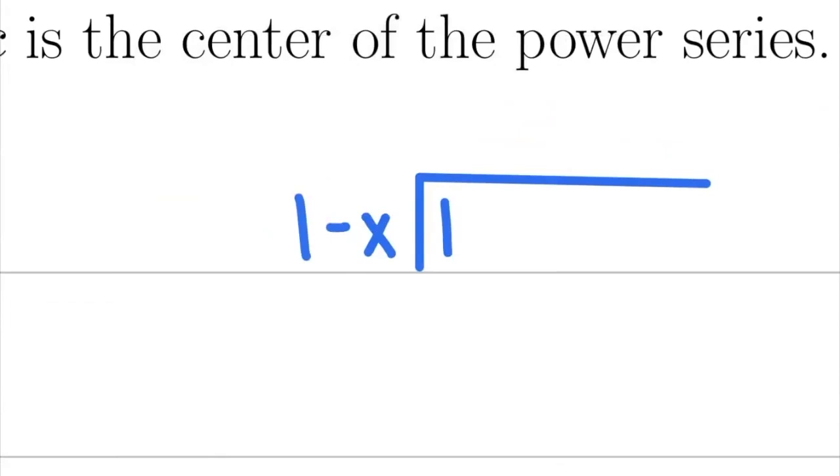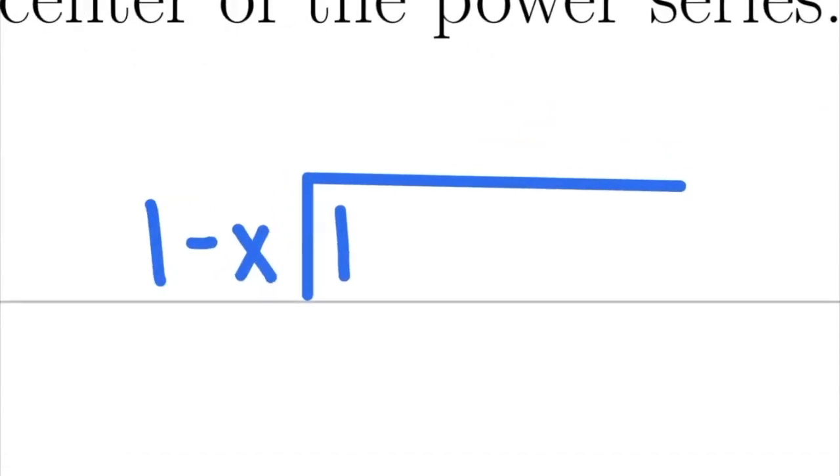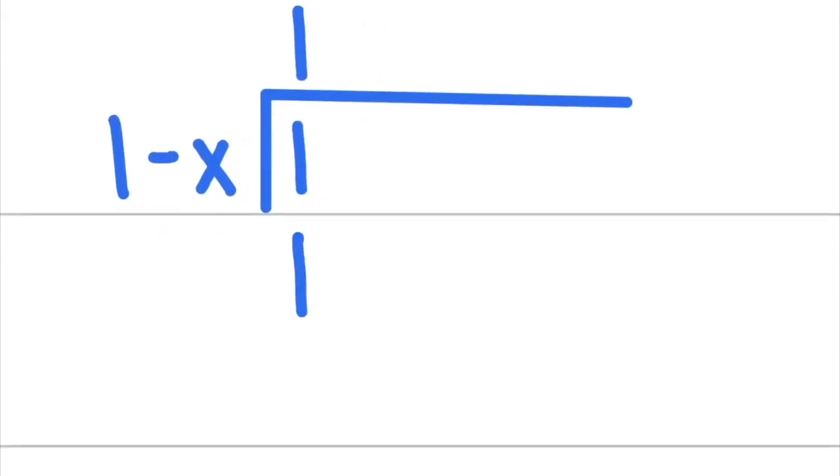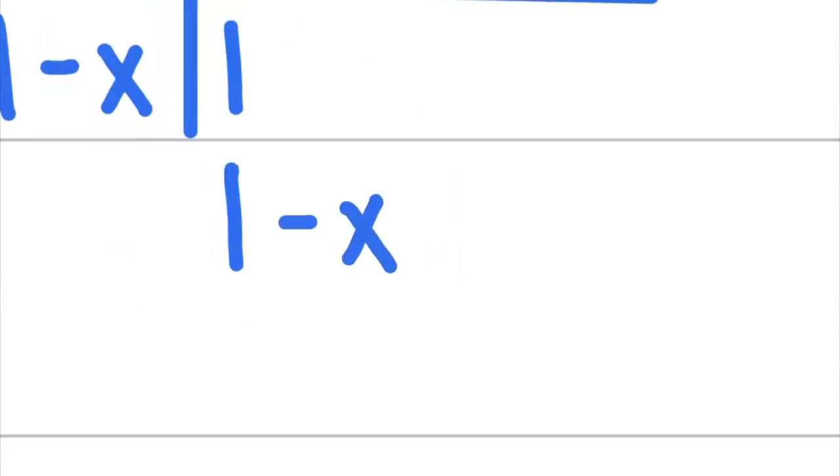So you begin by dividing 1 by 1, and you get 1. And then you multiply. You're going to multiply this 1 by the 1 minus x. So 1 times 1 is 1, and 1 times the negative x is negative x.